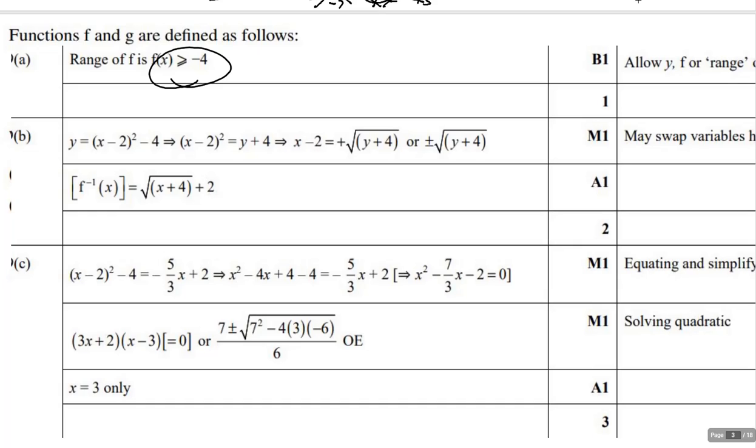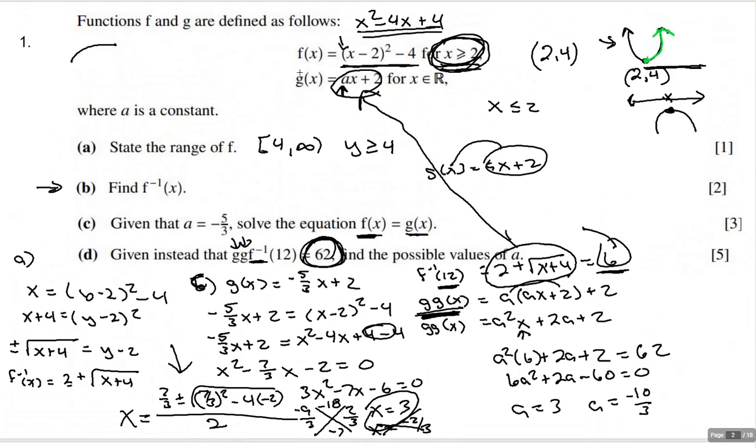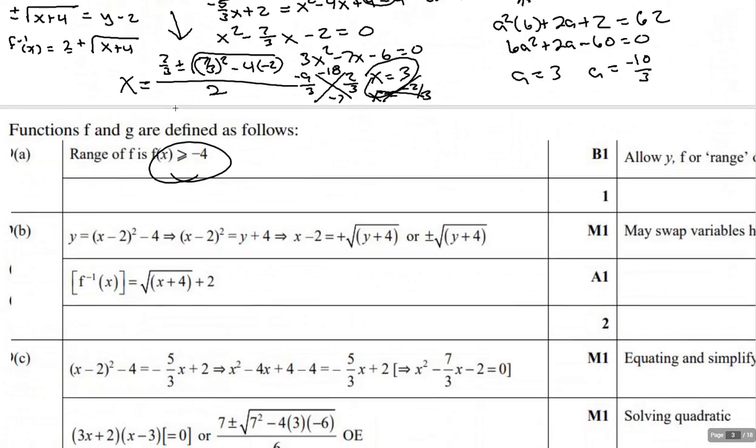And notice how they have f of x. We wrote y is greater than. Technically, you notice how this is an f of x function and not a y equals function. Technically, if we were describing this, we should have written f of x is greater than or equal to 4, because it's not y equals. But I don't think that would cause you any problem or me any problem.